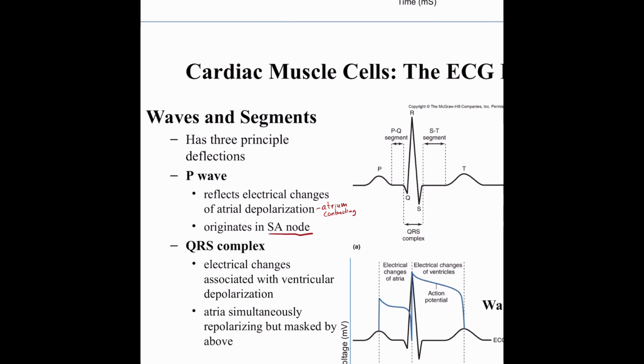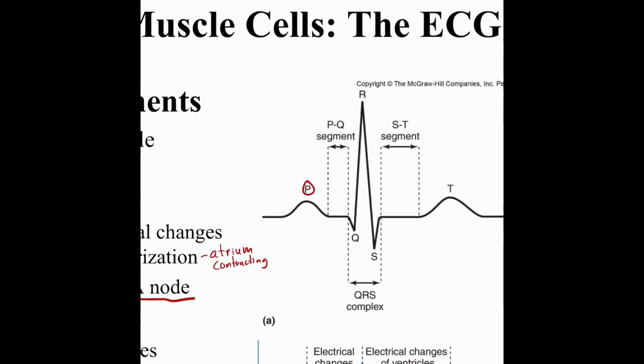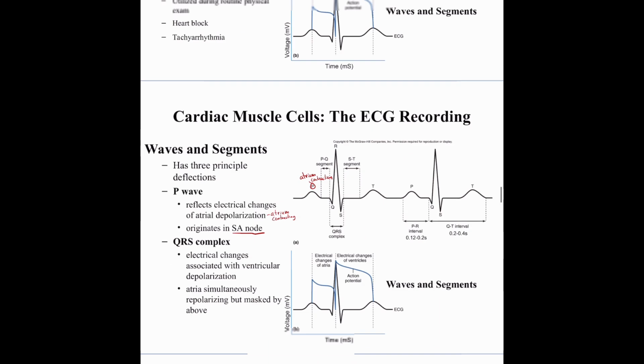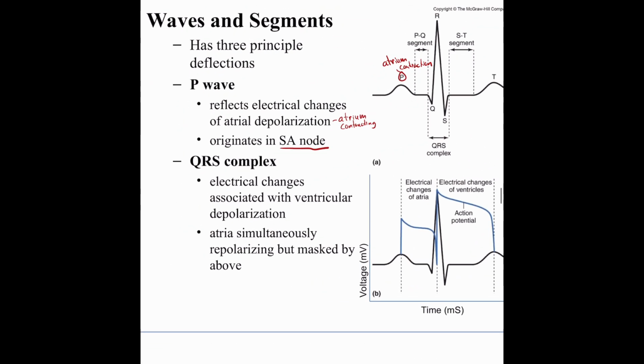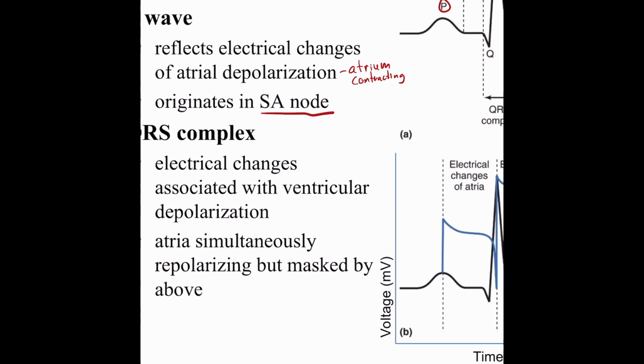So the P wave is this one right here. At the P wave, it reflects electrical changes of atrial depolarization, right? So this would be when the atrium is contracting, and it originates in the SA node.